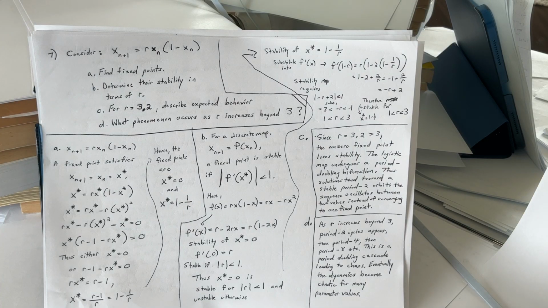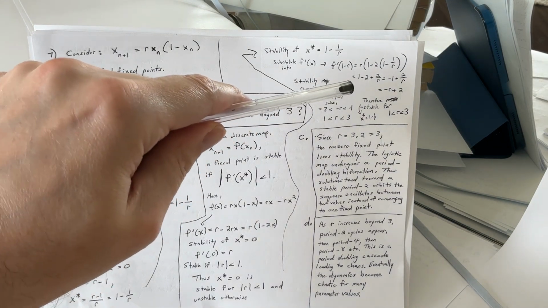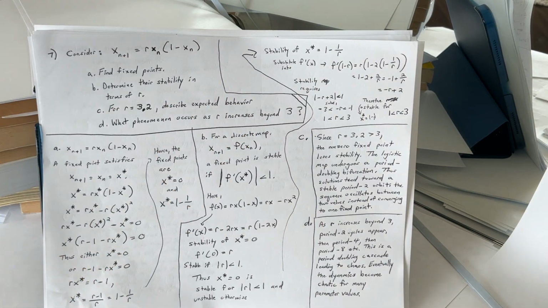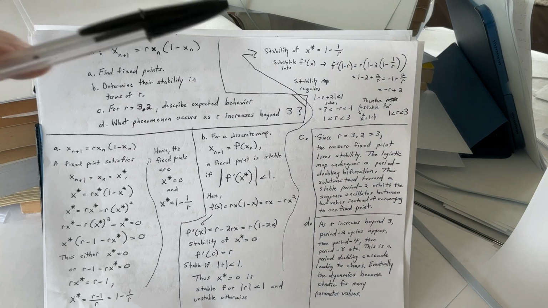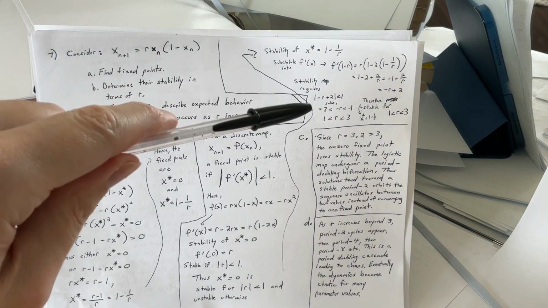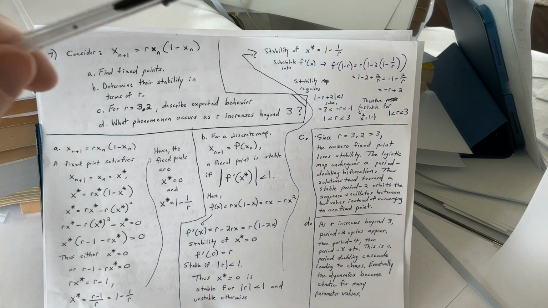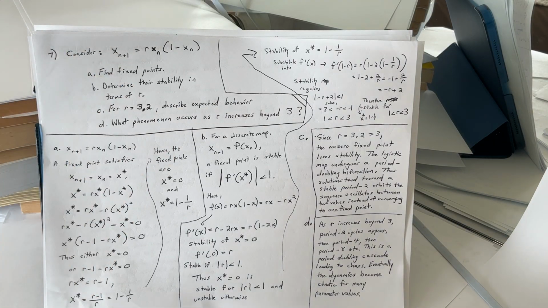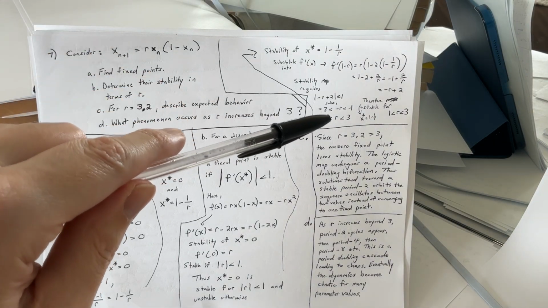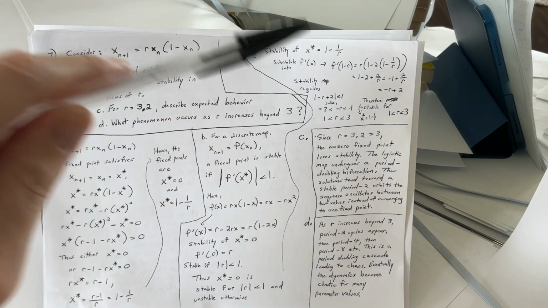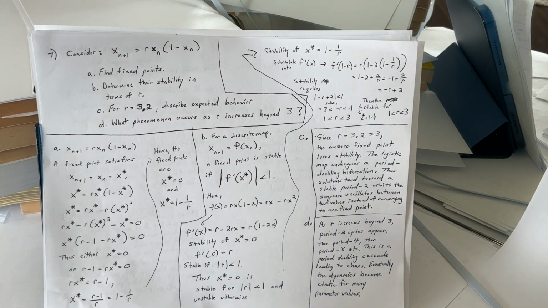Just doing the computation, you wind up with negative r plus 2. So the stability requires the absolute value of negative r plus 2 be less than 1. If we solve this absolute value inequality, we get 1 is less than r is less than 3.